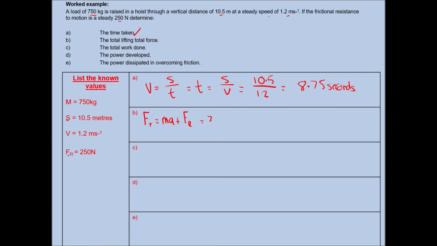Our mass here, we've got 750. The acceleration that we've got is the acceleration due to gravity, and as you'll remember, and it's on your formula sheets, that value is 9.81. So we'll stick some brackets around that just to make sure I'm doing that as a separate calculation, and we're going to add the frictional resistance force to that, and that's a value of 250 newtons. So the total force, I'll let you guys work that one out.